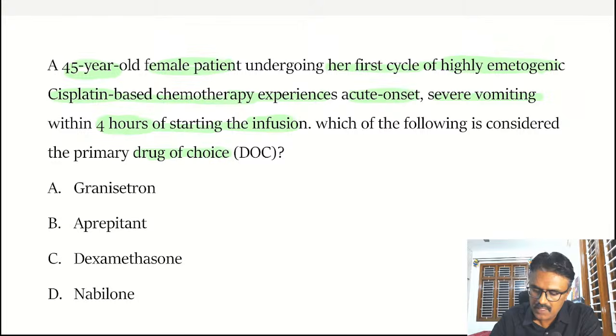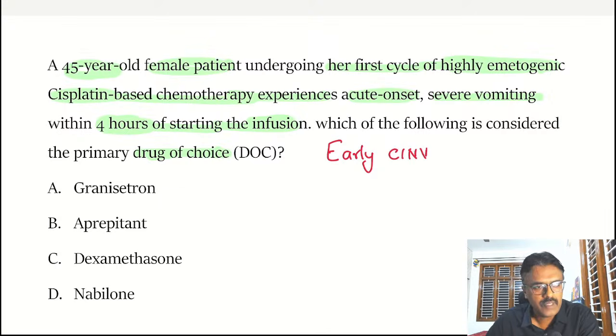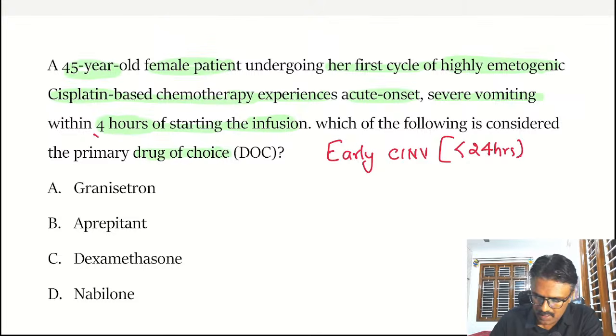Now this is a case of early CINV, chemotherapy induced nausea and vomiting. Early means it occurs within 24 hours. If you see the question, it is within 4 hours, so the best drugs are setrons.